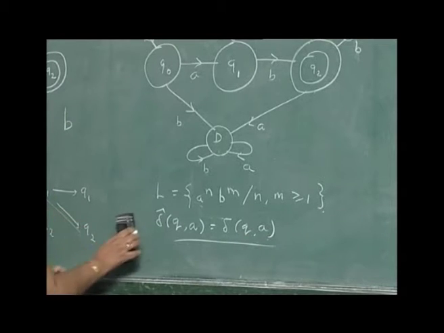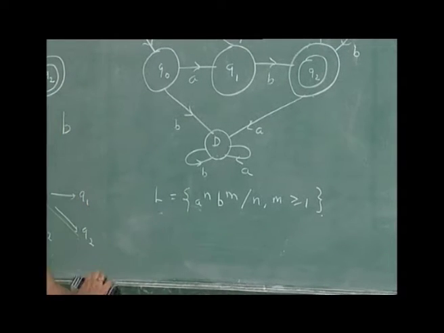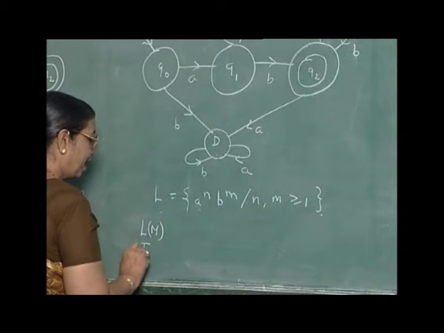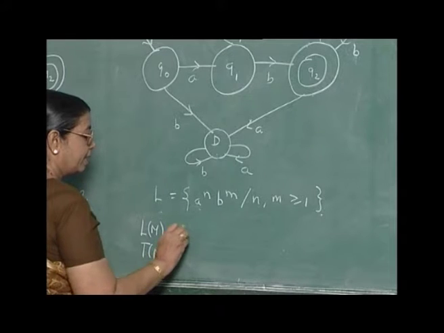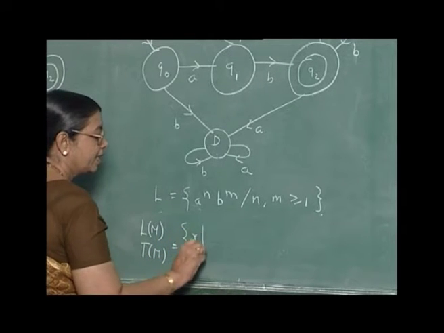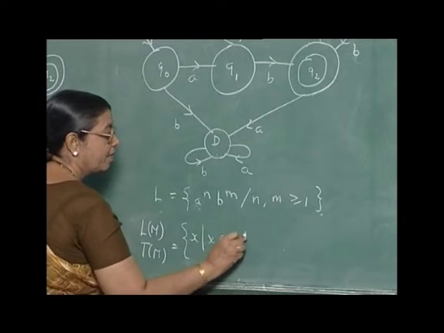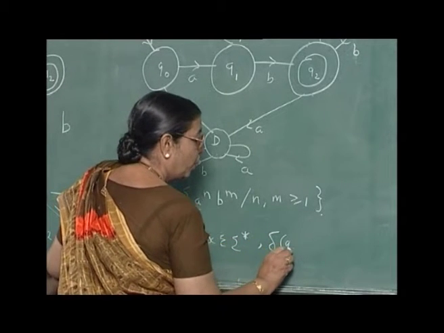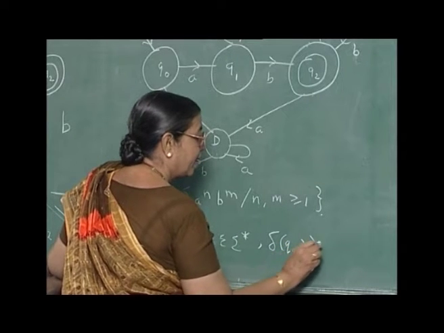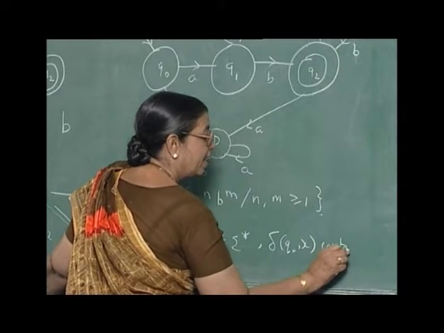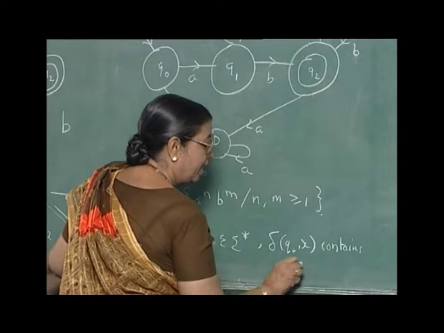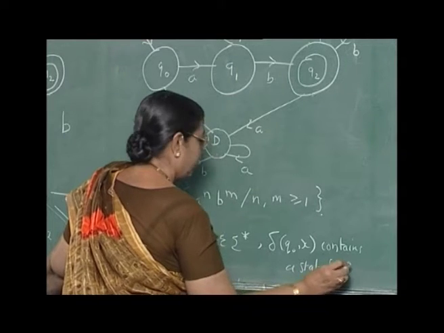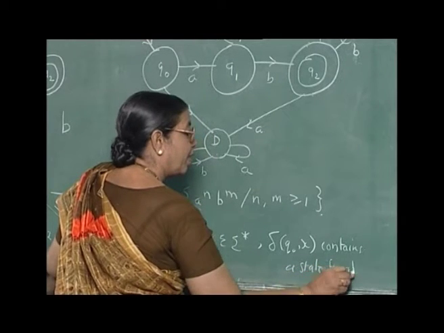Since this holds, you need not distinguish between delta and delta cap, and the language accepted is denoted by L of M or T of M, and that is equal to the set of strings x, x belongs to Sigma star, such that delta of q naught, x contains a state from F.